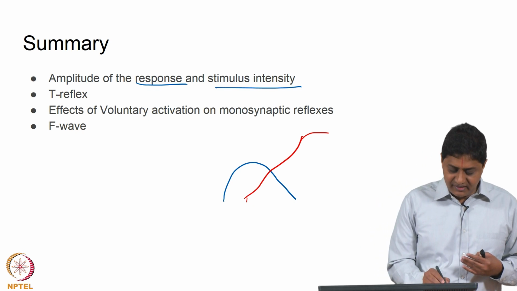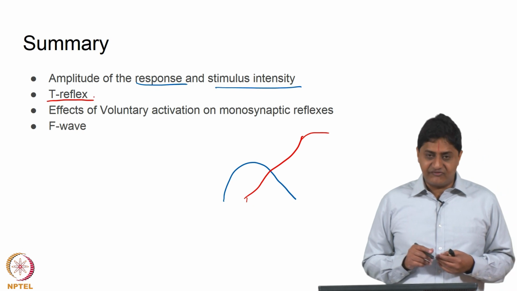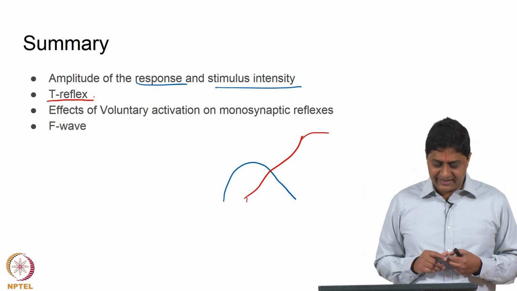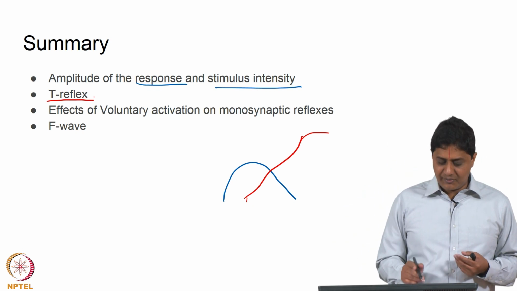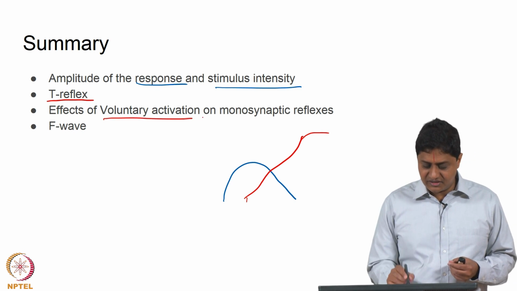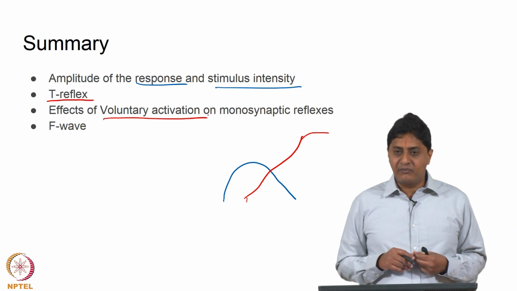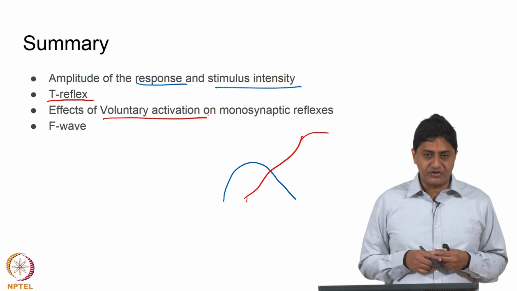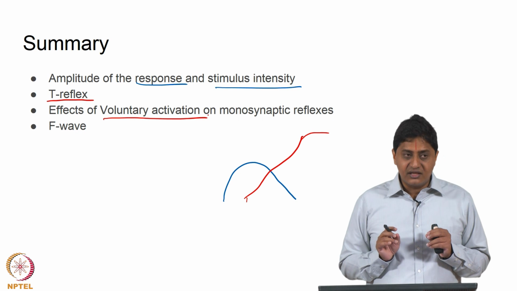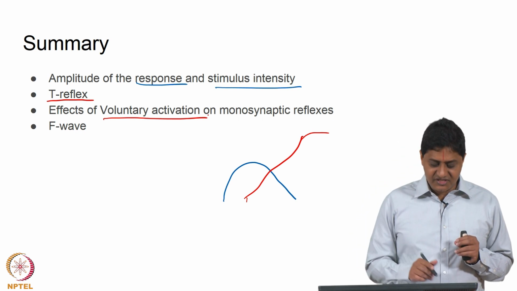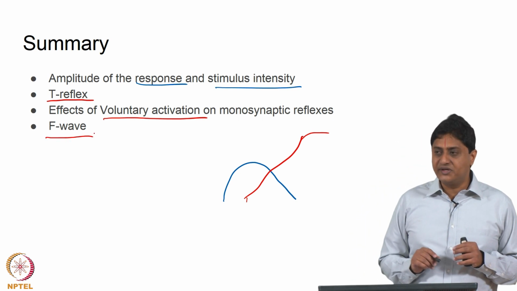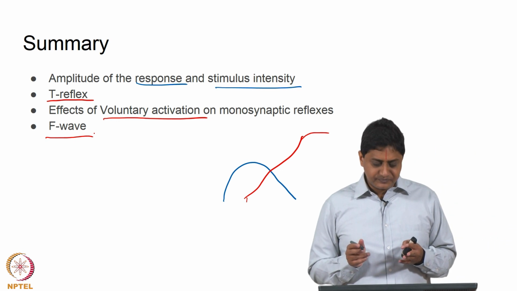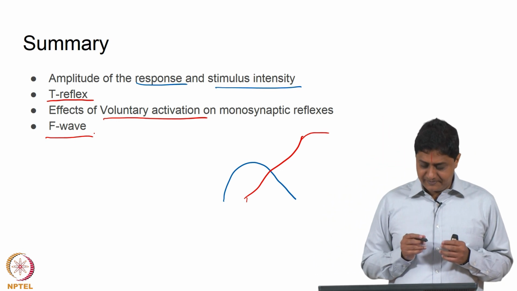And we saw what the T reflex, or the tendon tap reflex, is, and what happens with voluntary activation. With voluntary activation, there is going to be modulation, usually an increase in the amplitude of the monosynaptic reflex without affecting the timing involved. And we saw what an F wave is, the peculiar case of a neuron backfiring.